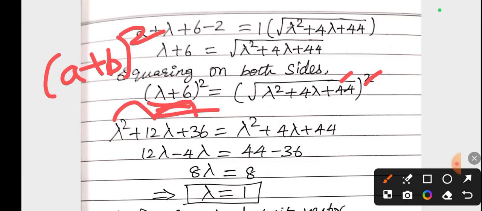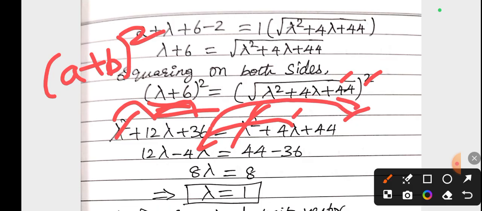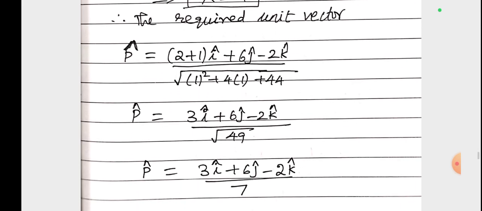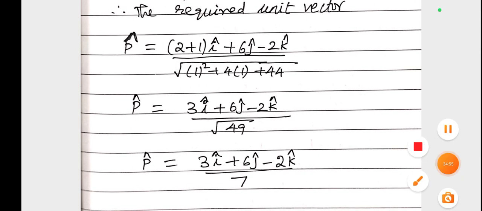And on the other side, the square root is gone, so lambda square plus 4 lambda plus 44. Lambda square cancels. Plus 4 lambda comes here as minus 4 lambda, plus 36 goes across as minus 36. So 44 minus 36 is 8, children. 8 lambda equals 8, so lambda is 1. If they have asked only for the lambda value, the sum is over. But they have asked for the unit vector also.